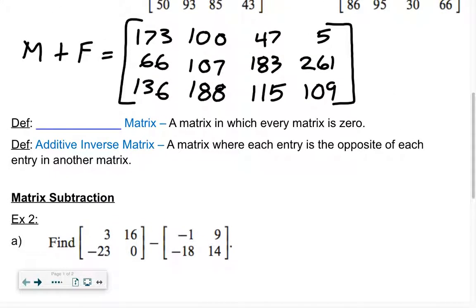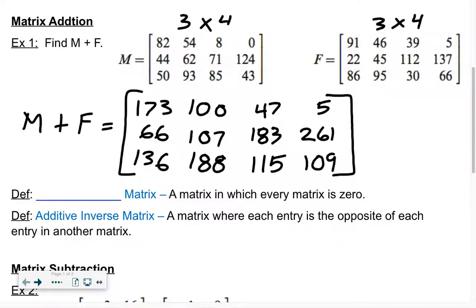We can define some other matrices if they have specific values. For instance, let's pretend that matrix M had a 0 in every element, not only the top right corner, but every other one. The term that we give it is the 0 matrix, which makes sense. Again, the 0 matrix is where every entry is 0. Additive inverse matrix.